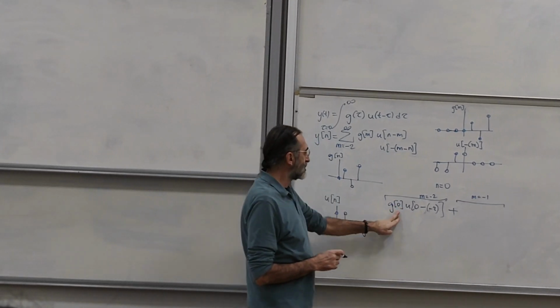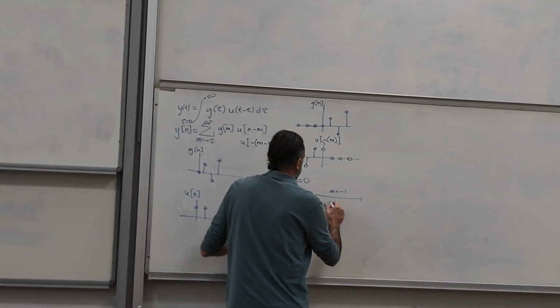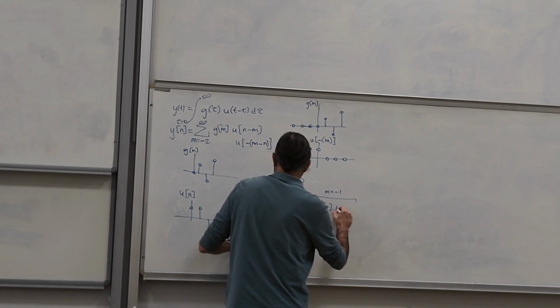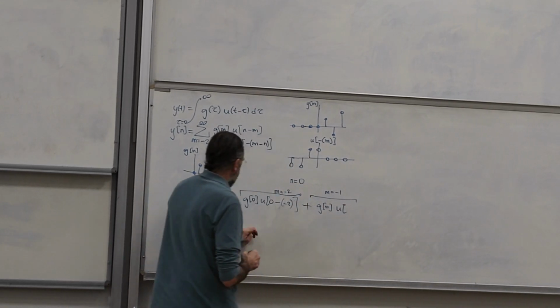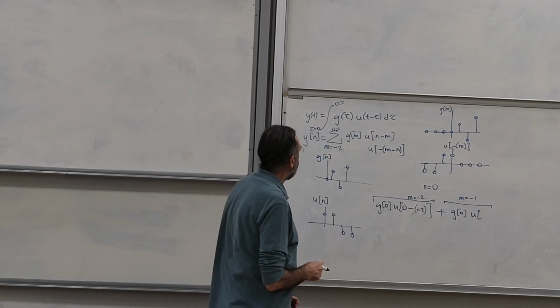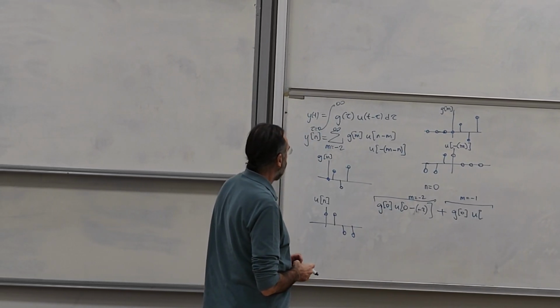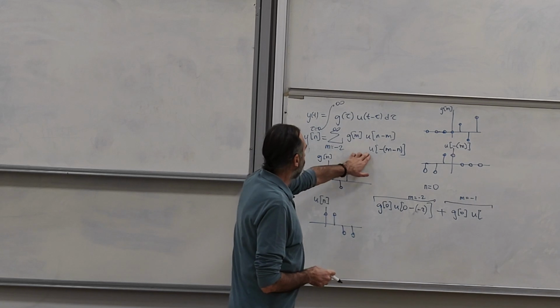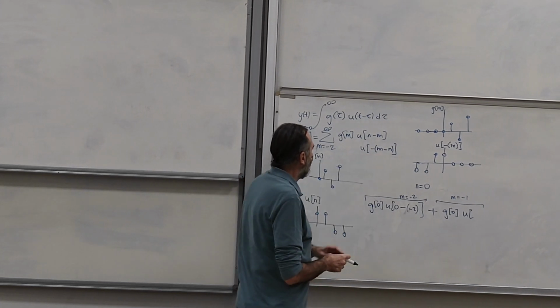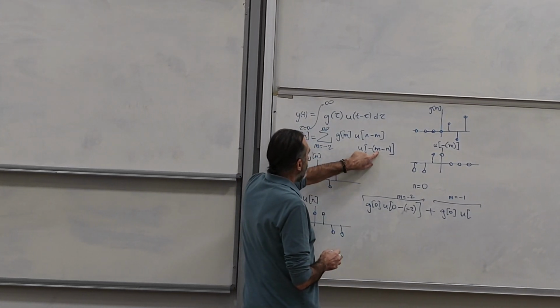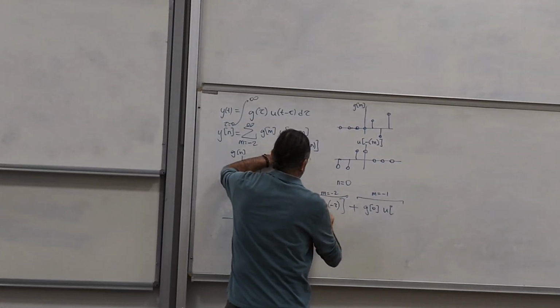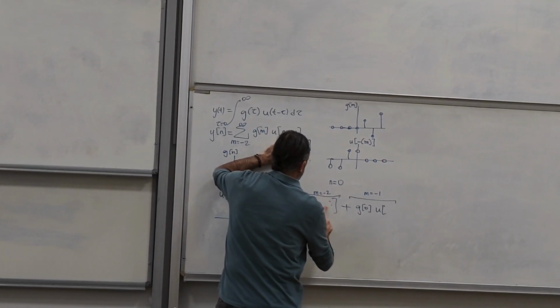N is going to stay the same. G of 0 and u of, now, this is u of minus, alright, so minus n equals minus 2.